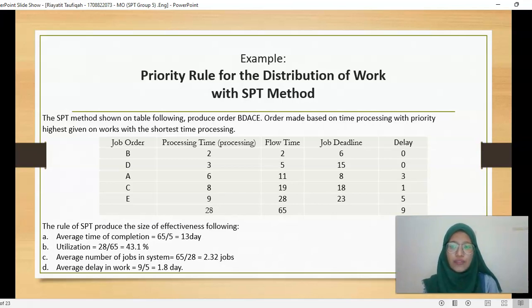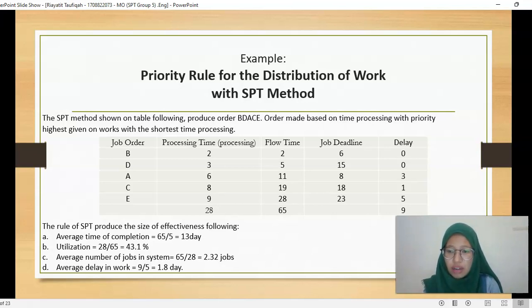These are the rules of SPT, which produce measures of effectiveness. The first is average time of completion, which consists of 65, which comes from the flow time divided by 5 from the job order, and it equals 13 days. Second, utilization, 28 over 65, which comes from processing time over flow time, and it equals 43.1%.